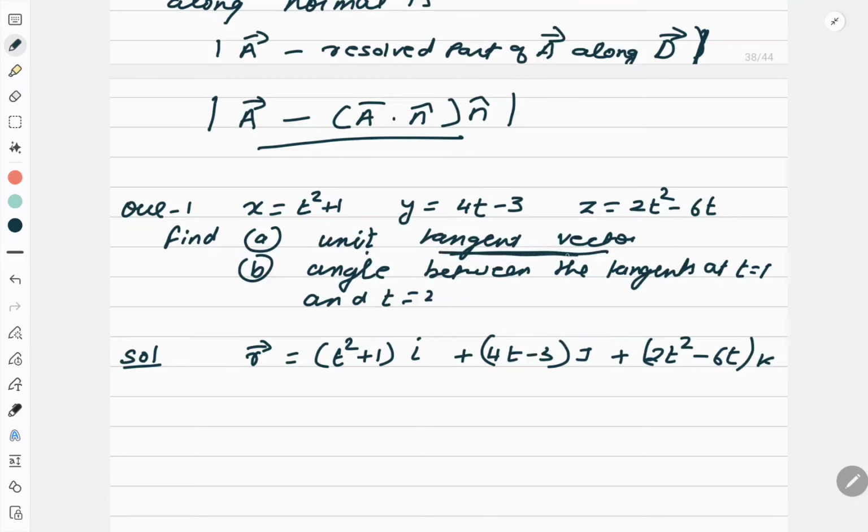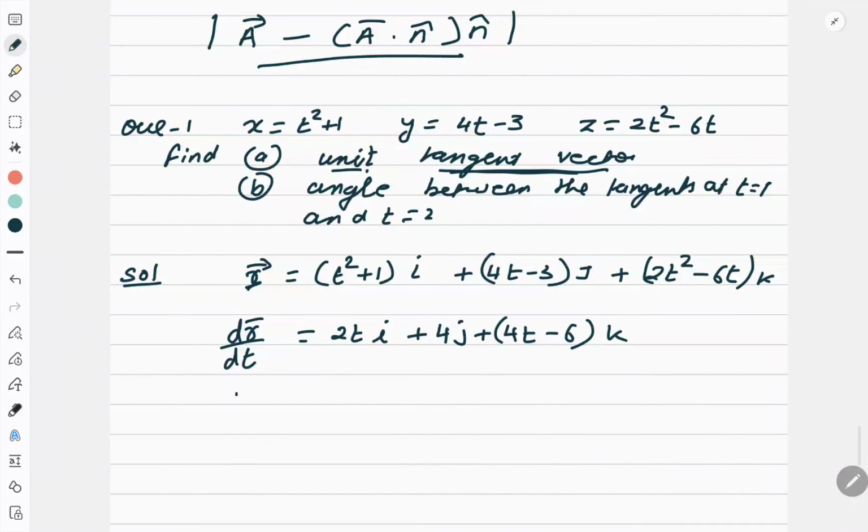As I said, tangent vector is nothing but the derivative of this r, which is basically the velocity. So I'll find out dr by dt, which is equal to 2t i plus 4j plus (4t minus 6)k. So this is only the tangent vector. My question is unit tangent vector.